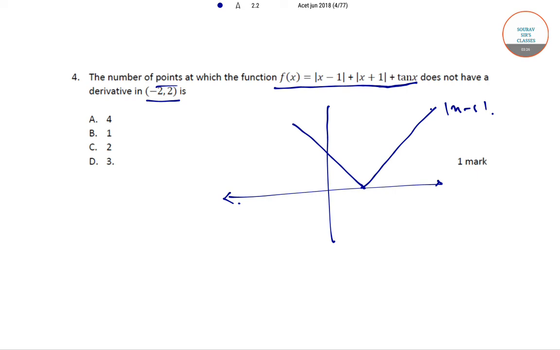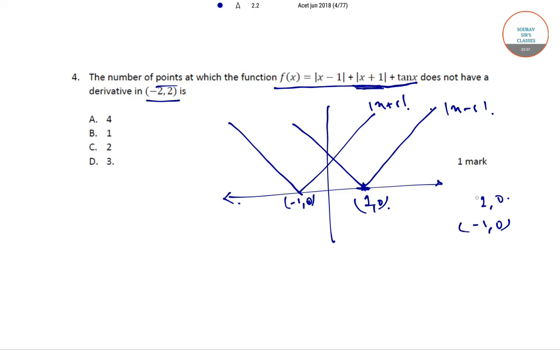So now we can see that the derivative won't exist here, that is at 1 comma 0. So we get 1 point, that is 1 comma 0. Now drawing the graph of mod x plus 1, this is mod x plus 1 and this point is minus 1 comma 0. Again the derivative won't exist here at minus 1 comma 0. So we have got 2 points.